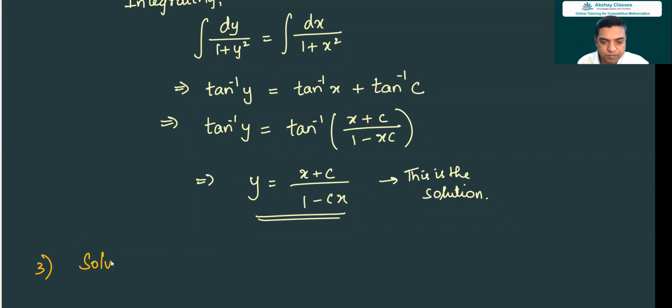Solve dy by dx is equal to e power x minus y plus x square into e power minus y.